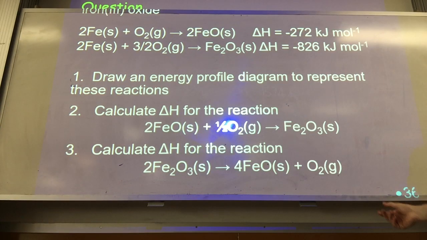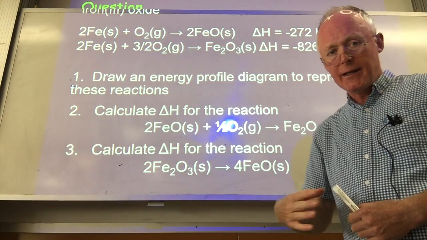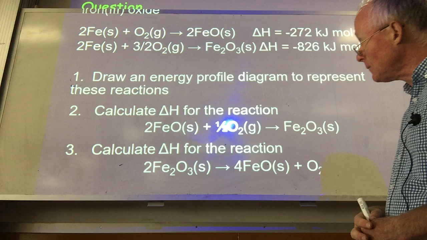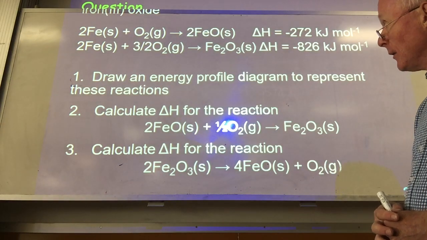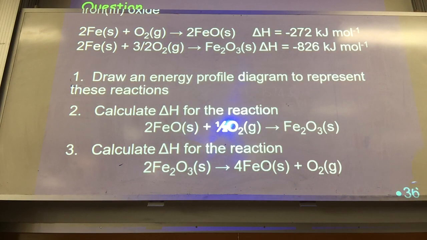Ignoring the oxygen, the common chemical this time is metallic iron, Fe. So we need to make sure we've got the same number of ions in both equations. And in this case, they're the two equations that are given to us. So we can draw them straight off without changing the moles.